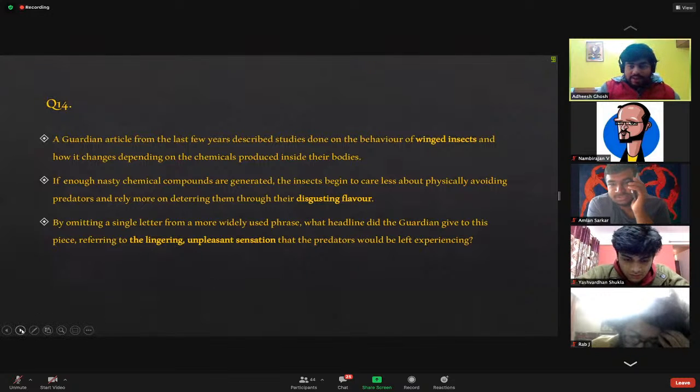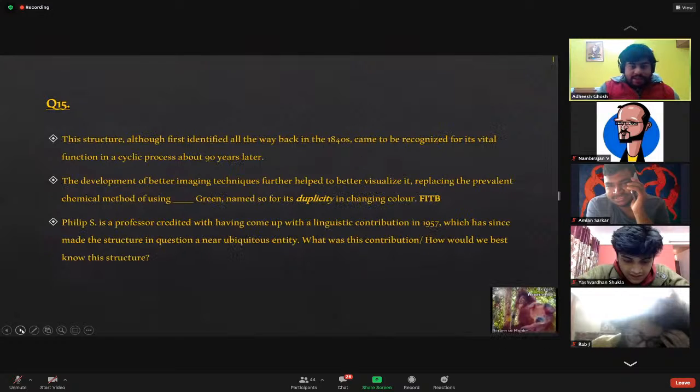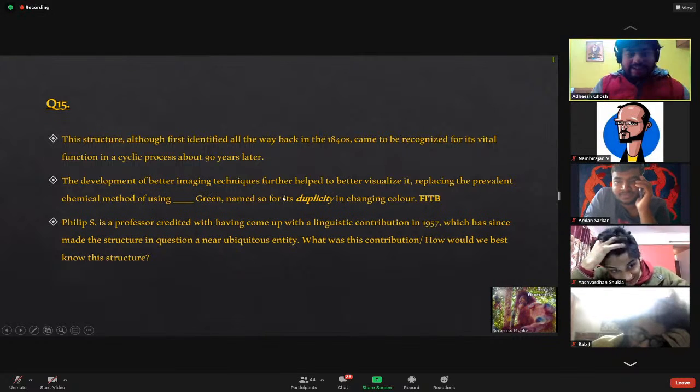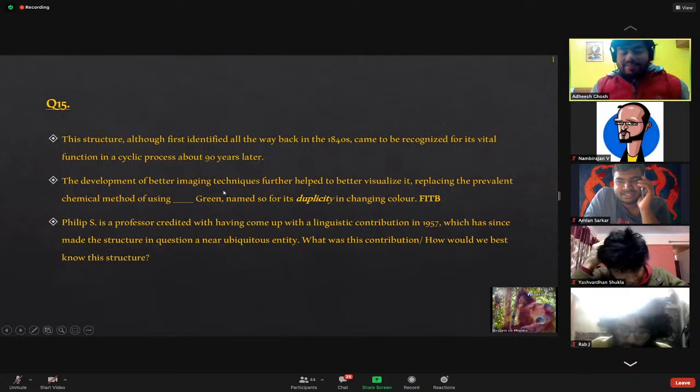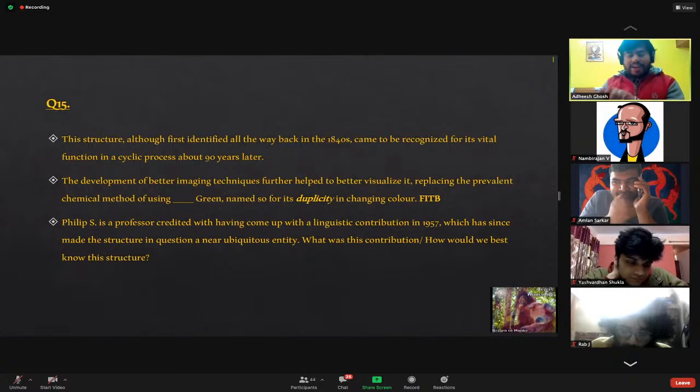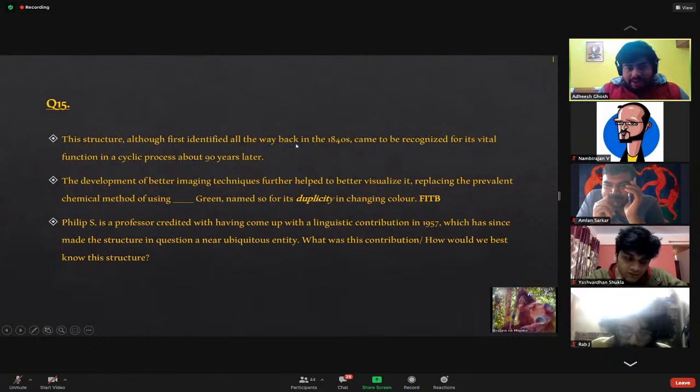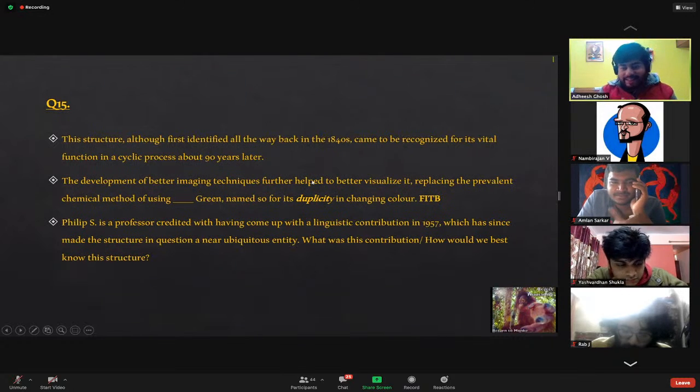That's question number 14. And question number 15 is about this structure. The traditional method of visualizing this structure was by using dash green. The dash is an entity, the name of the chemical method, which was named after an entity that might remind you of the connotation of duplicity or the nature of being double-sided or double essentially. Try and think of that.